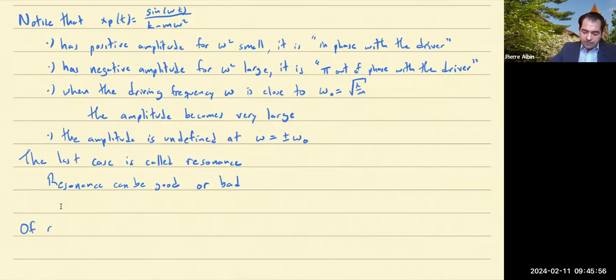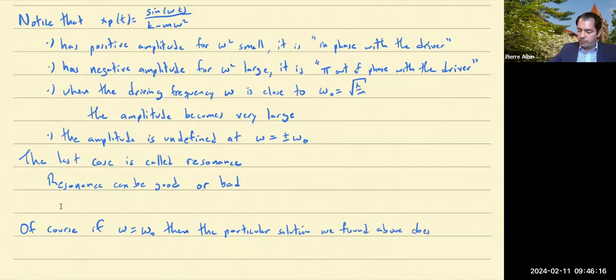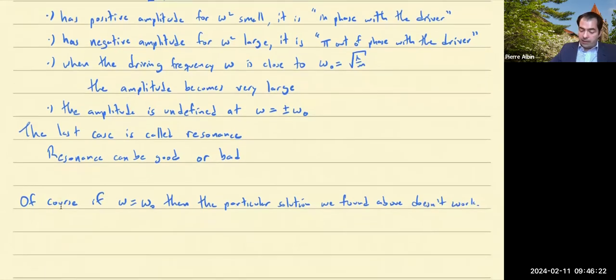Of course, if omega is equal to omega naught, then the particular solution we found above doesn't work. And well, for undetermined coefficients, we know what to look for.